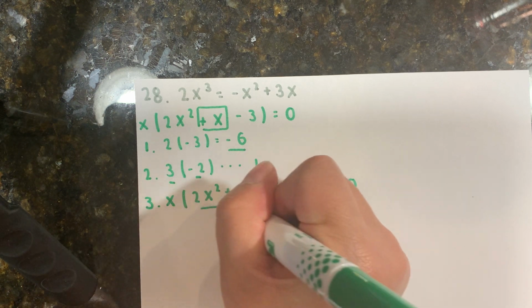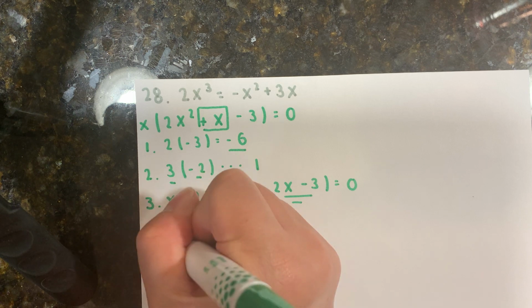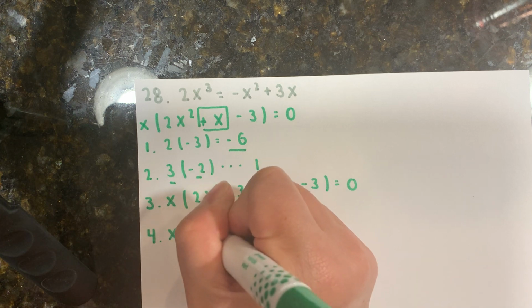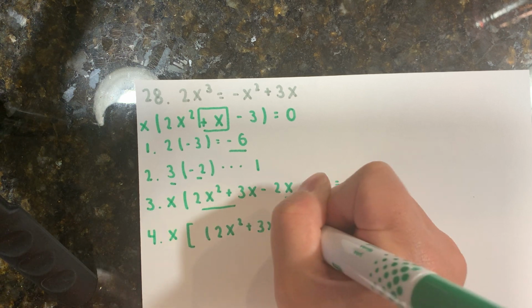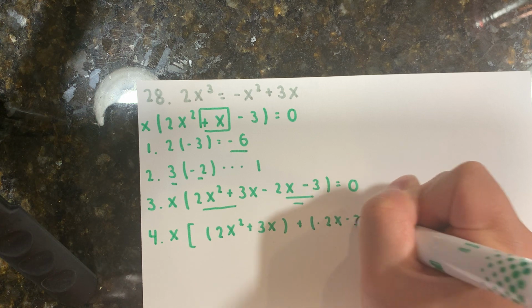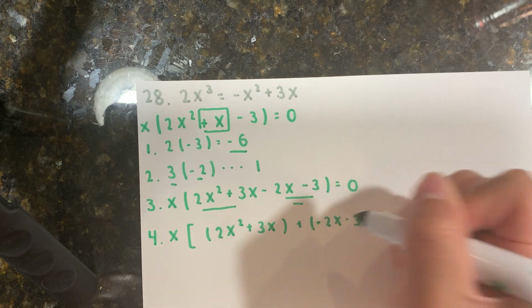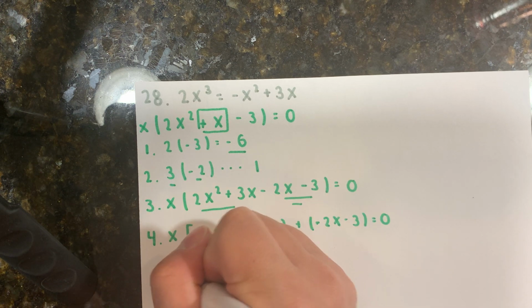Now I'm going to separate each of these into two separate parentheses, leaving the x on the outside. And you're looking for the common term in both of them. So the first one, the only thing I could factor out is an x.